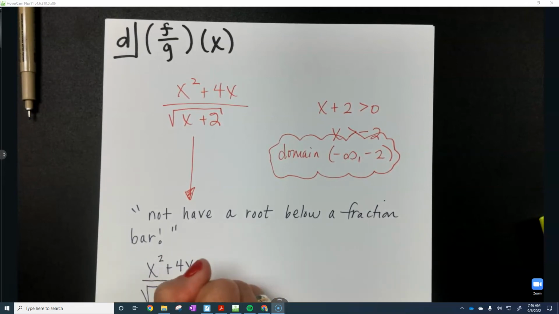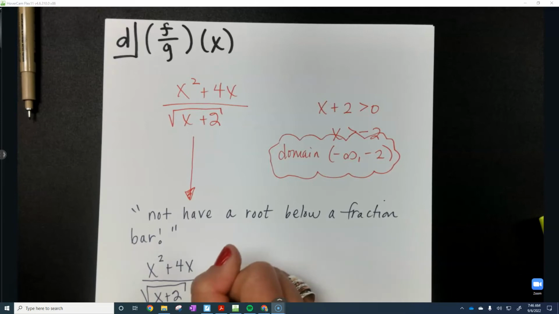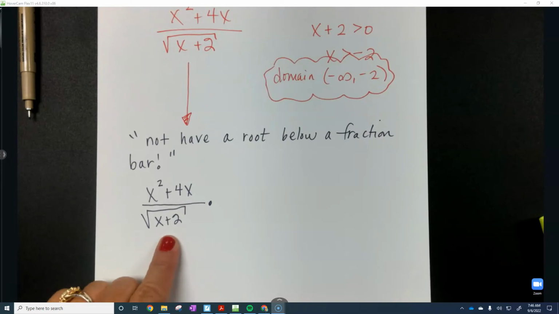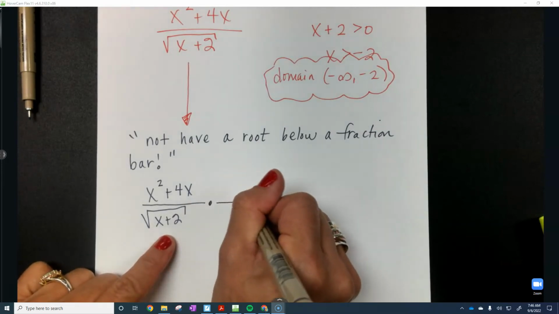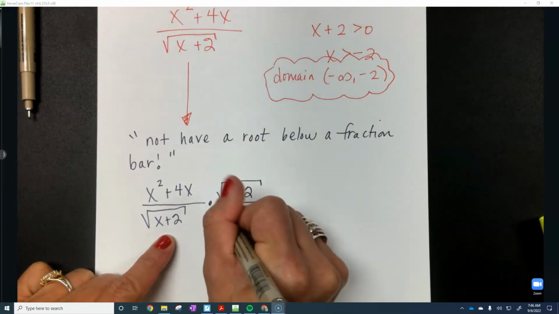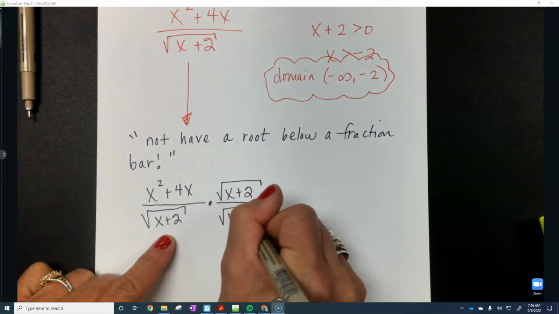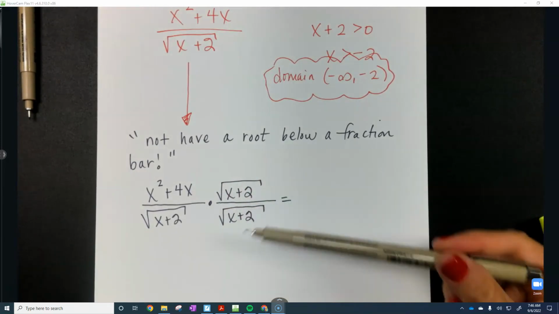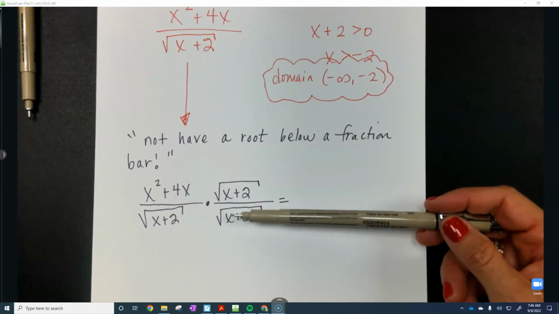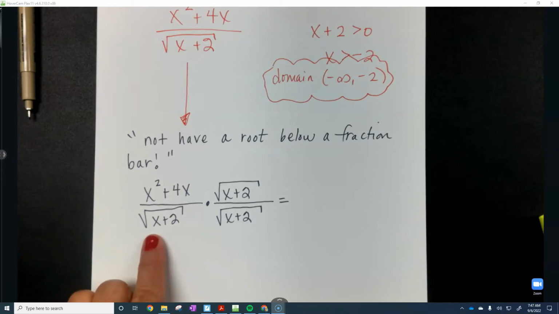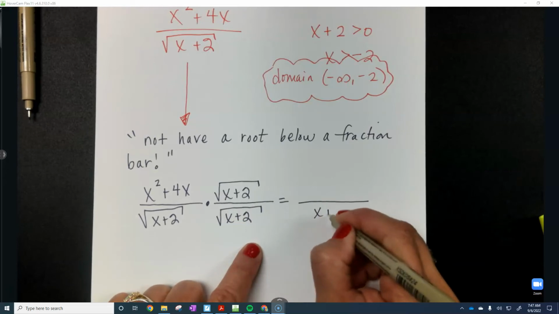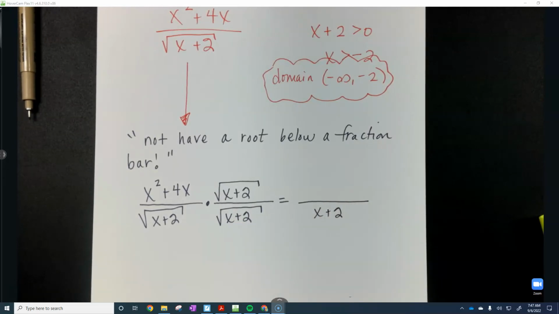Because remember, when you square something that's a root, the root goes away. So I'm going to take that fraction. I'm going to rationalize the denominator just by multiplying the top and the bottom by that exact root. So remember, this is a form of 1. We're just multiplying that fraction by a form of 1. It's not changing the value. So remember, the root times the root makes the root go away. So at the bottom, we are good. We have x plus 2.